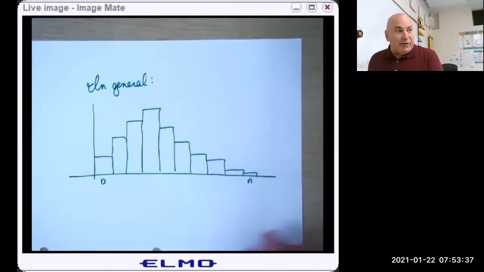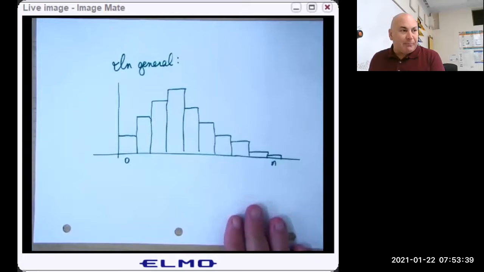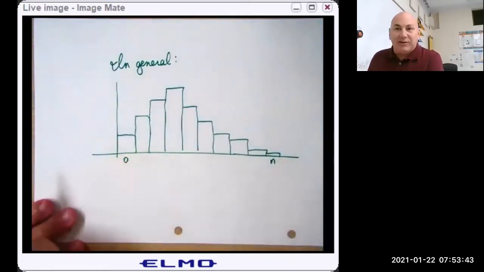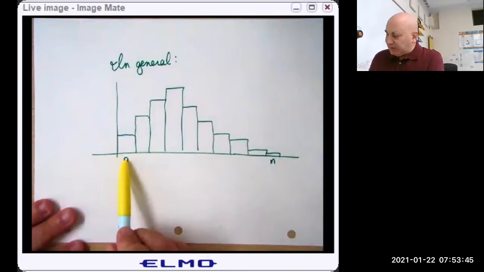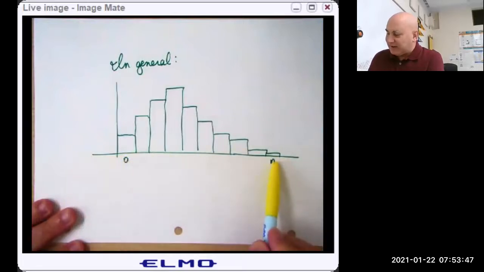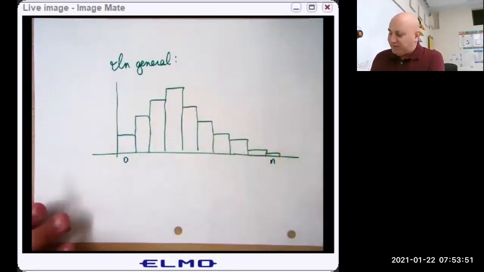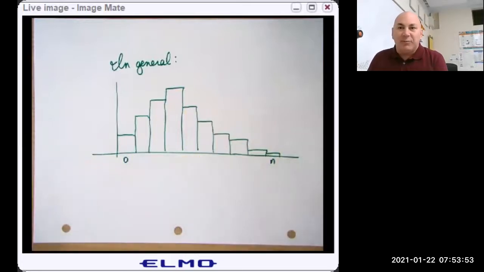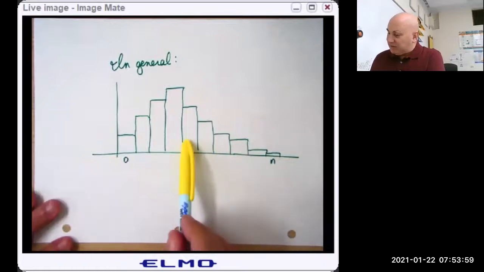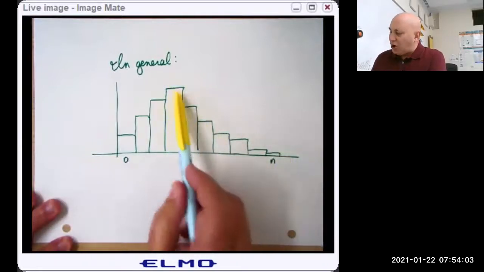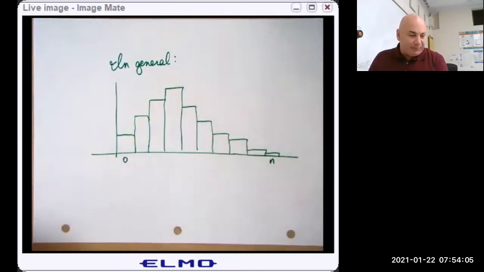So in general, though, a binomial distribution is going to look like this. If you have n trials, you can have 0 successes up to n successes, and it's going to come up to a peak and then trail off. The way I've drawn this one, the probability of success appears to be less than 1/2, because you can see here's the peak, and this trail goes off longer over here than over here.